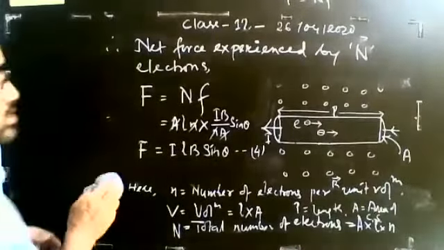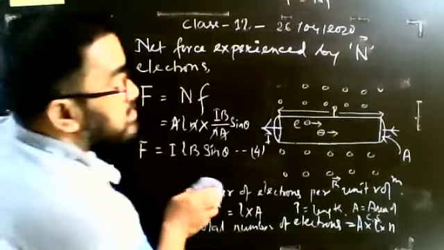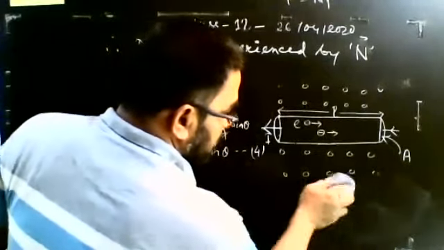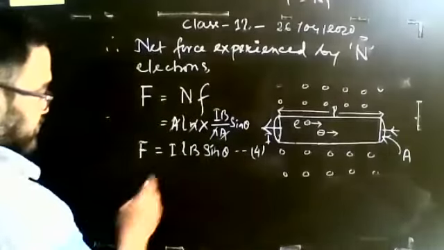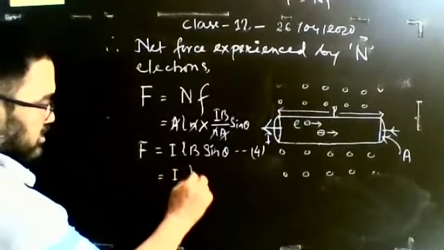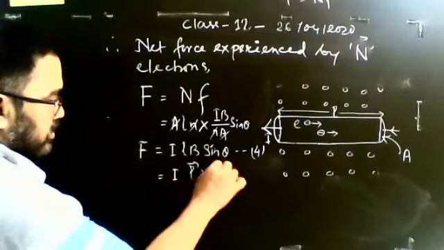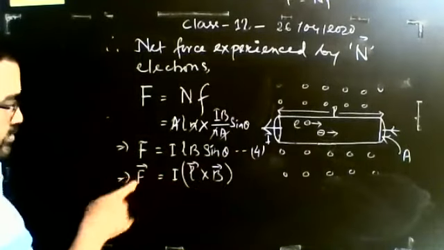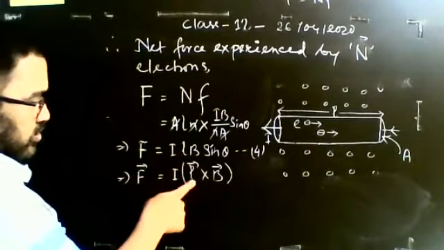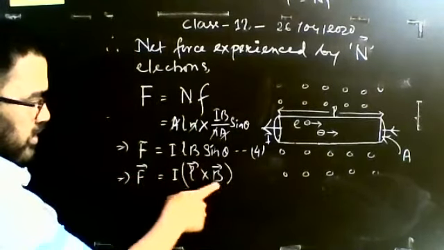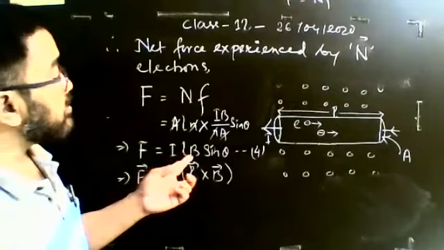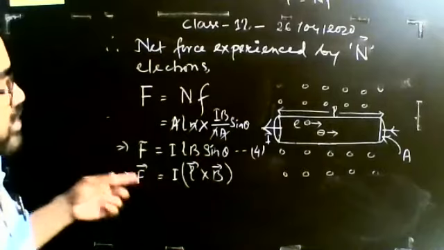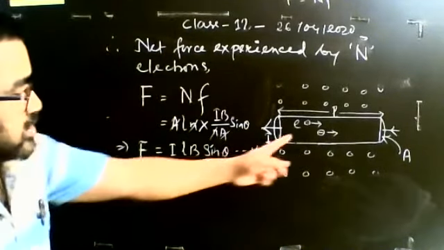This expression can be converted into vector form. How? Because sine theta is already there, we write L cross B, and F is converted into a vector. L cross B means the cross product of L and B, which can be expressed as L B sine theta. So this gives the magnitude as well as direction of force experienced by all electrons.